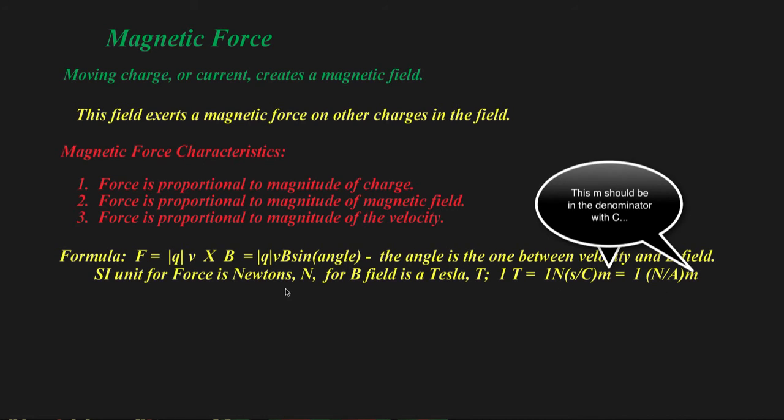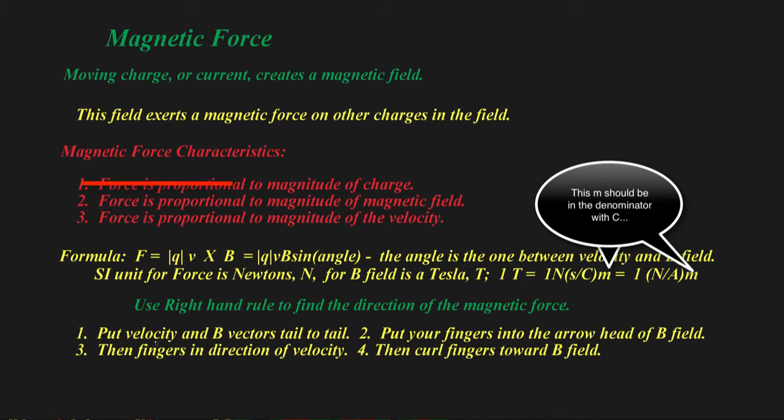If you want the direction of the magnetic force, you're going to have to use the right-hand rule. You start out by putting the vectors of velocity and magnetic field tail to tail. Then you put your fingers into the arrowhead of the magnetic field. Then the fingers go down the velocity vector, and then they curl towards the B field.